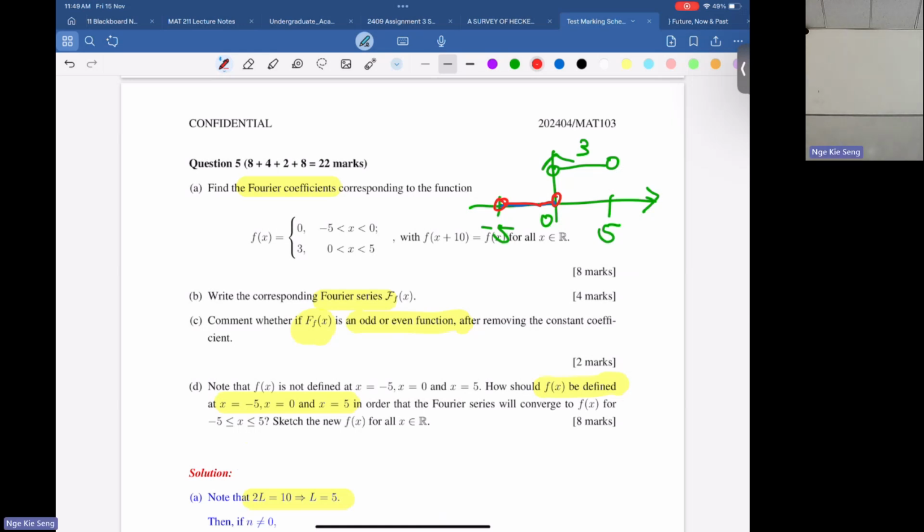These points are points of discontinuity. The convergence theorem tells you that at a point of discontinuity, the value is half of the sum of the limit from the left and the limit from the right. 0 plus 3 is 3, and 3 divided by 2 is 1.5.